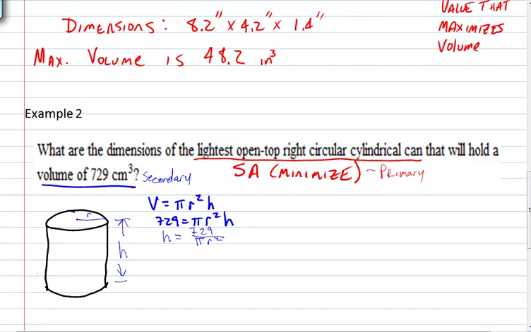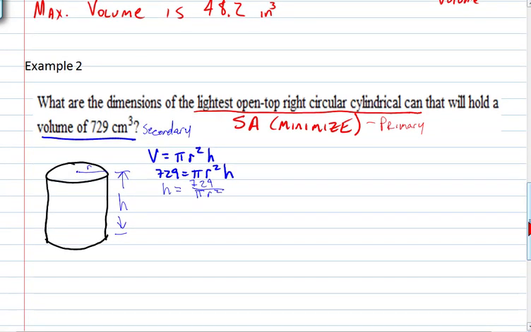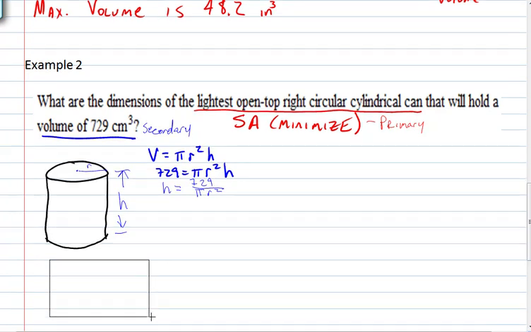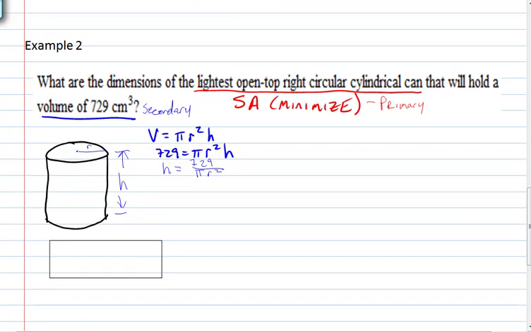Now, if I were to cut this can along the top and the bottom of the can and lay everything out flat, the surface area that I would be dealing with is a rectangle and a circle. One circle.